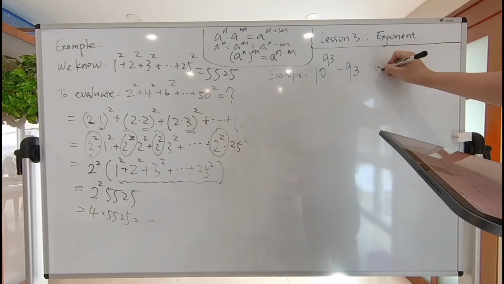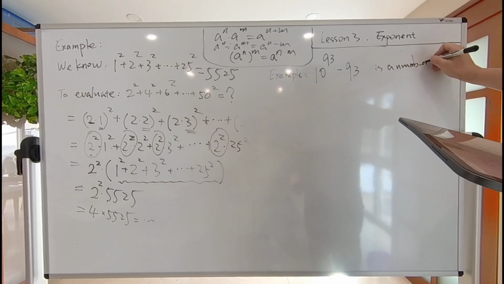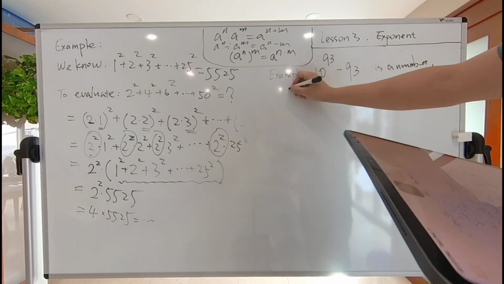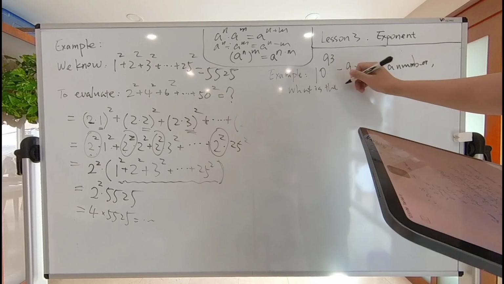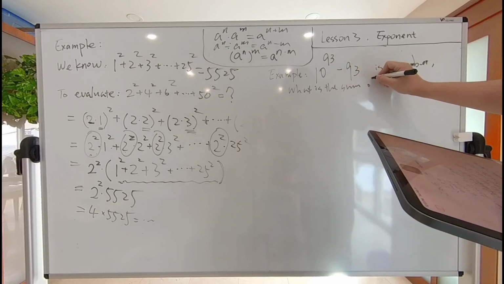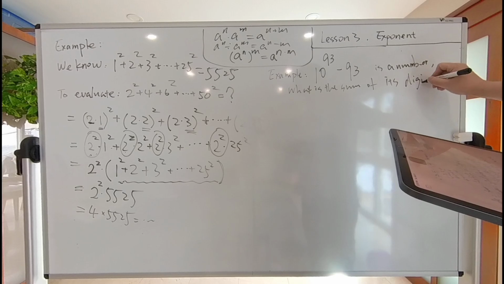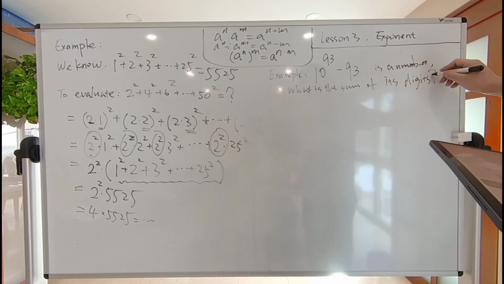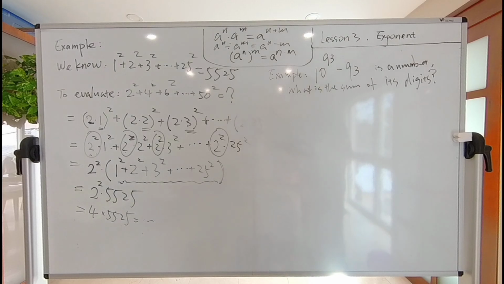If this is a number, what is the sum of digits? Right, so if this can be simplified as one single number, what is the sum of all its digits?